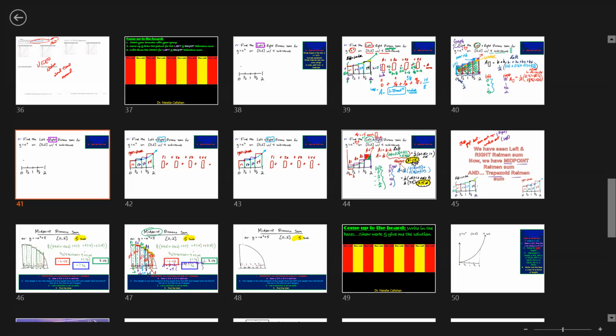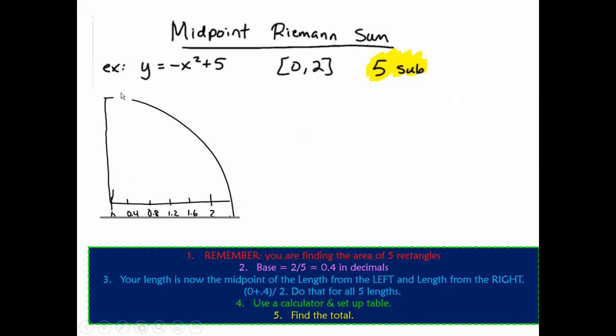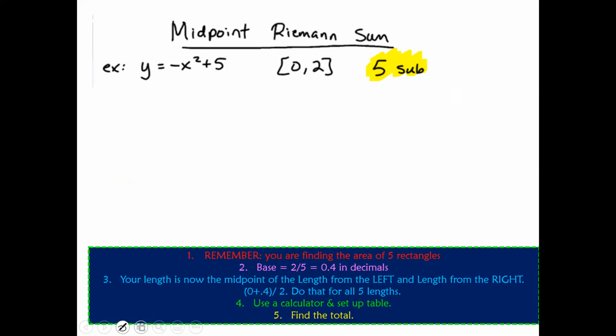All right, so then let's go ahead and take a look at the midpoint Riemann sum. For the midpoint Riemann sum, I'm going to use a different function, but it's going to be very similar. Take a look at the function itself.